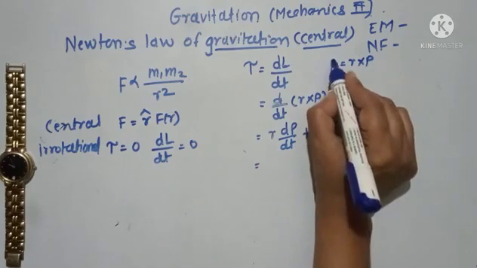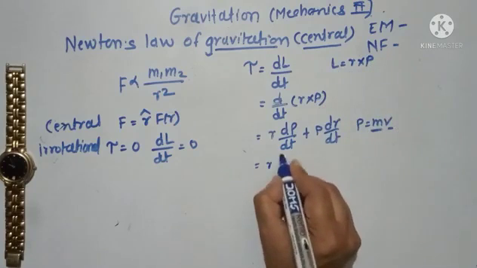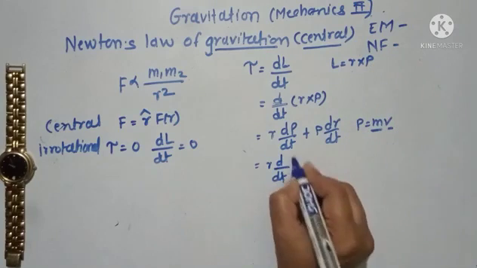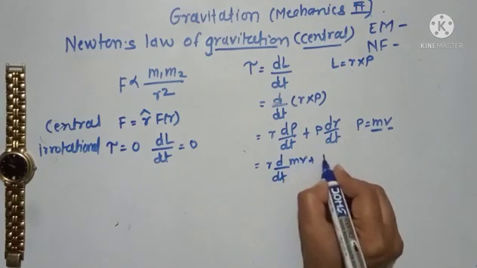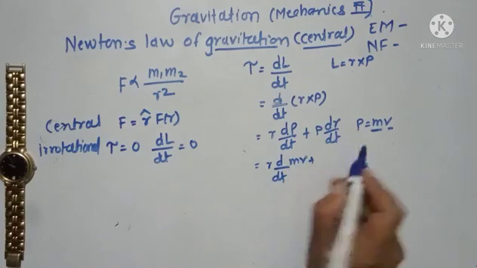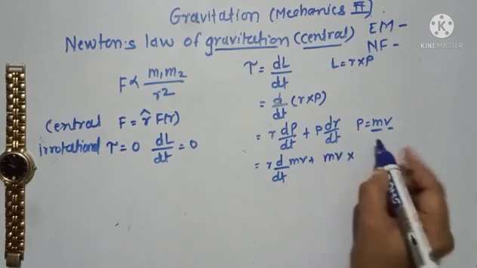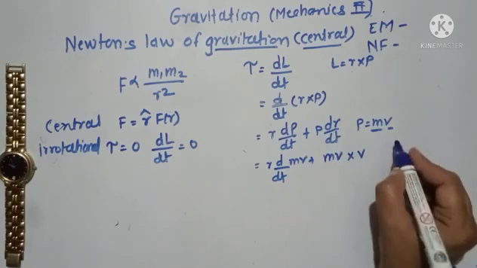This is the relation between the angular momentum and the linear momentum. Let dr/dt be v, and put the value of p, so we get mv cross dr/dt, which is nothing but v.